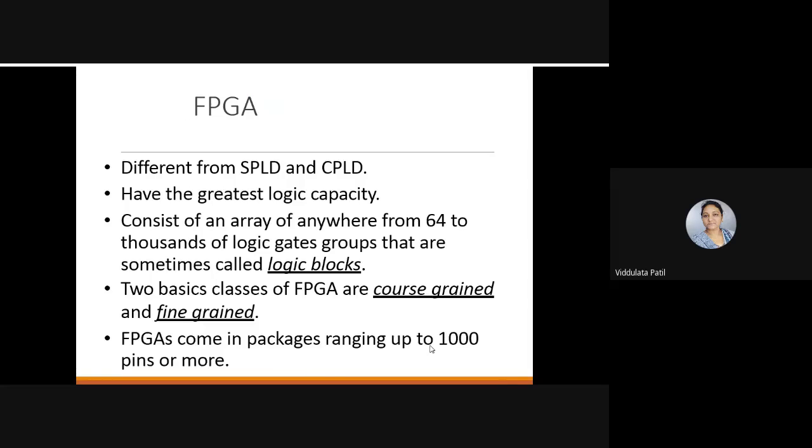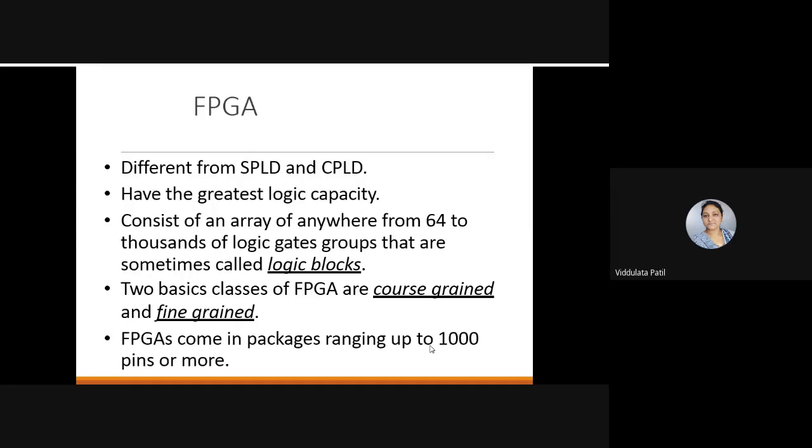Then another type of PLD, that is FPGA, which is different from SPLD and CPLD, and it has the greatest logic capacity. It is mostly used in VLSI circuits, and is called a field programmable gate array.